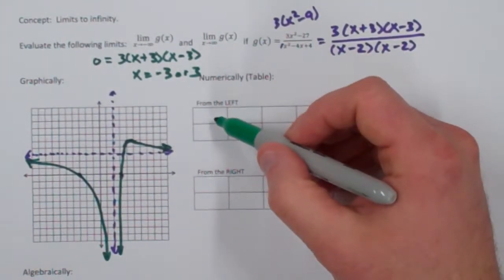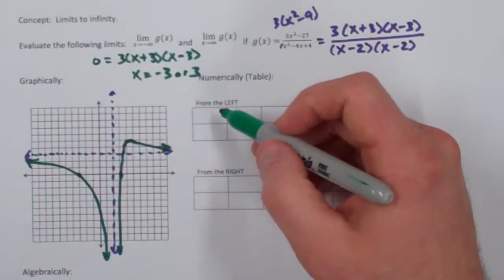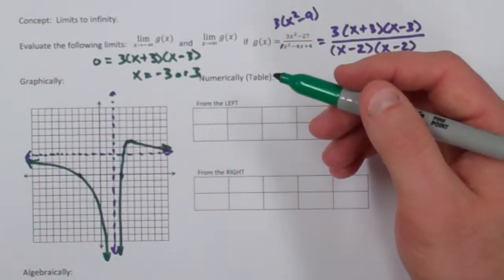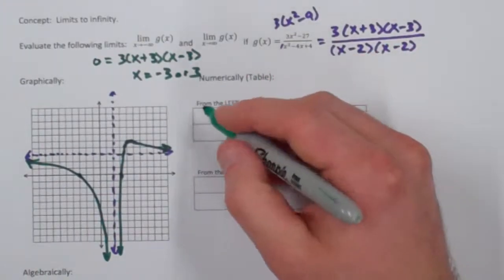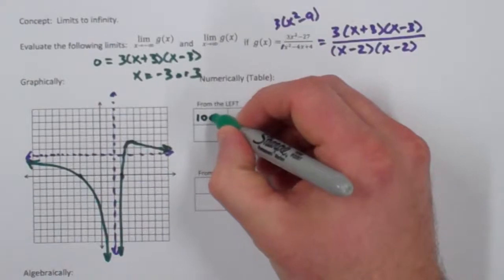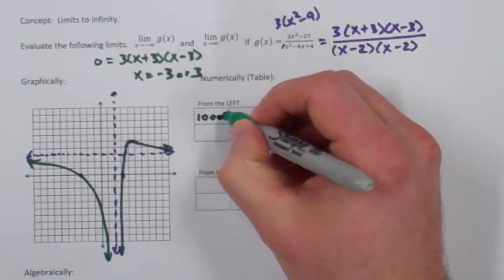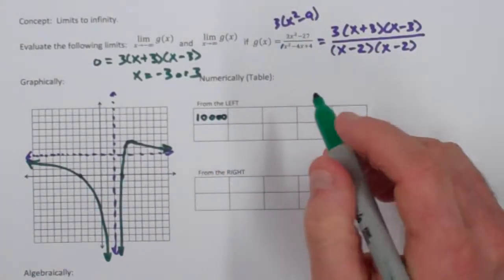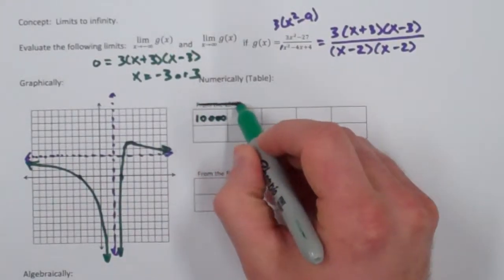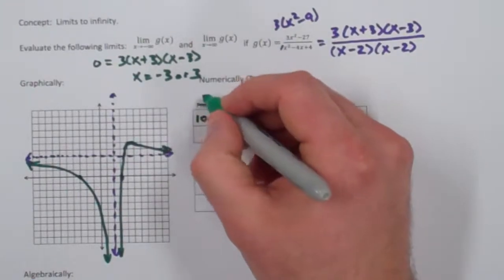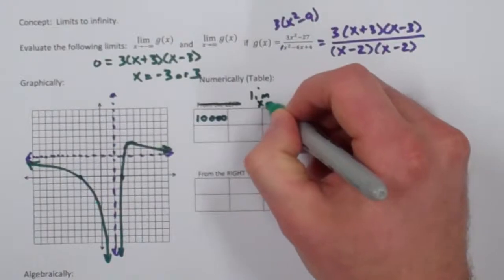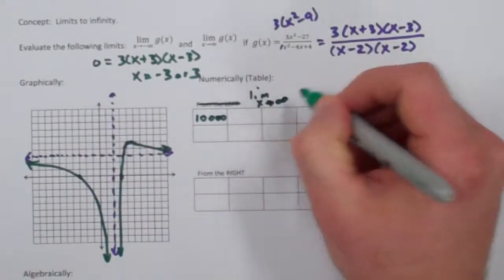If we take a look at the graph, let's make a table. Let's go 10,000 right here. Let's do the limit as x approaches infinity.